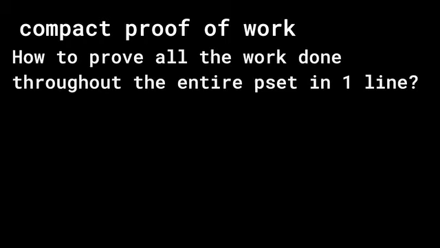Okay, so question. Not super intuitive, but how do you prove all the work ever done throughout the entire problem set in one line? Does anyone have any intuition about how you prove all the work from all 1,800 blocks with just one piece of data? Yeah.